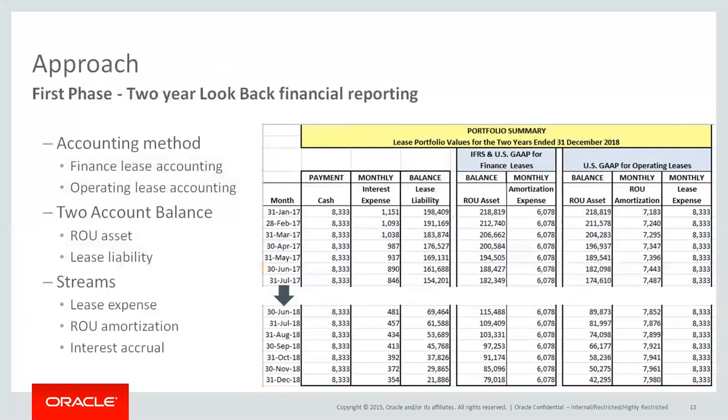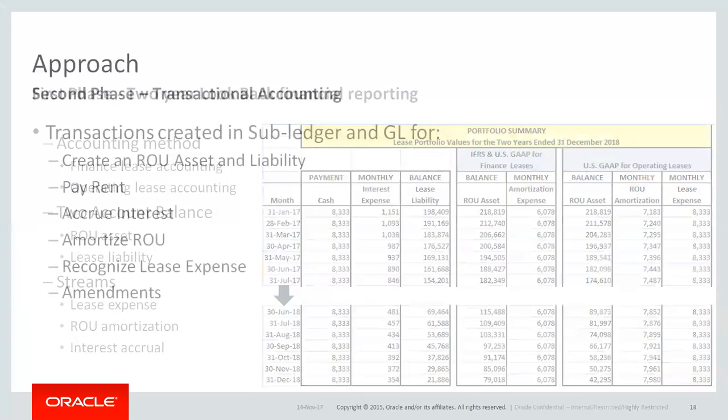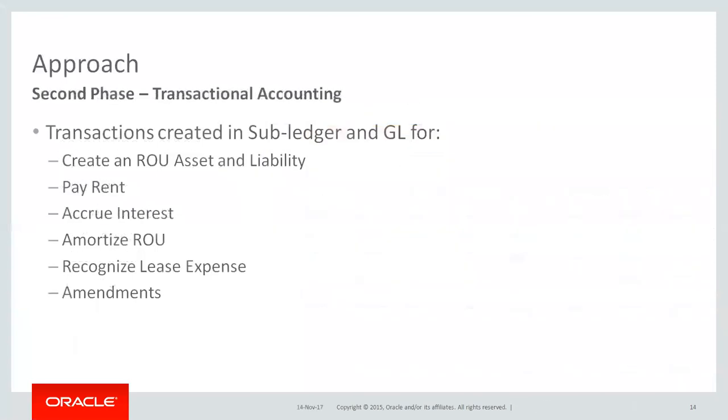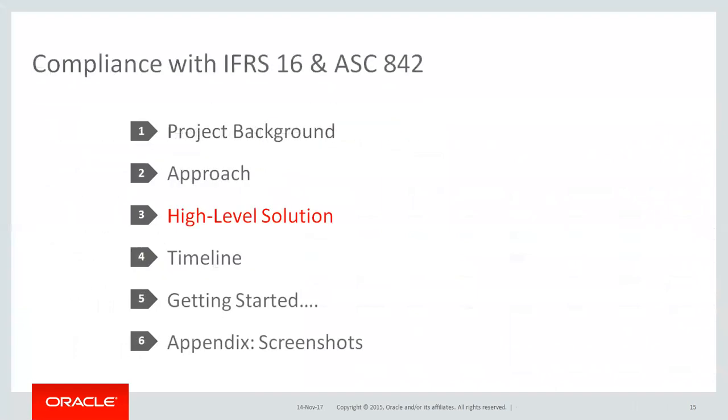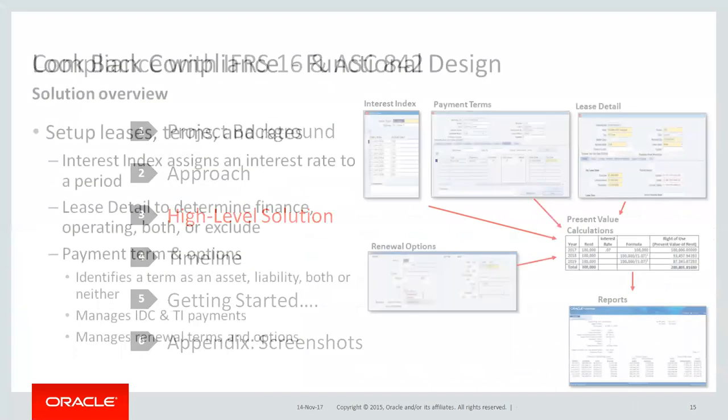When I say portfolio detail report, we would provide all these numbers for each of the leases in that portfolio separately. When I say portfolio summary, we would present these numbers for a period for all the leases in that particular operating unit. Apart from these two reports, we also have a very important report, which we call the lease detail report. All that coming up very soon. Let me move forward.